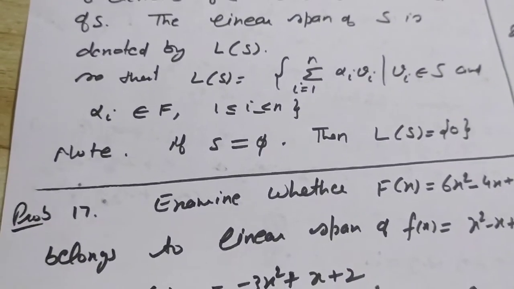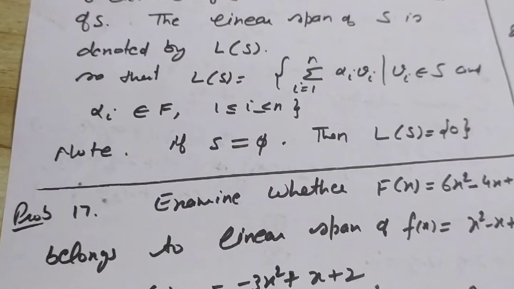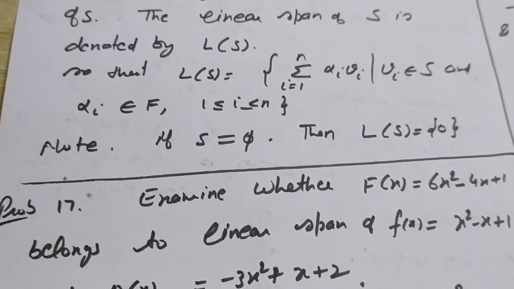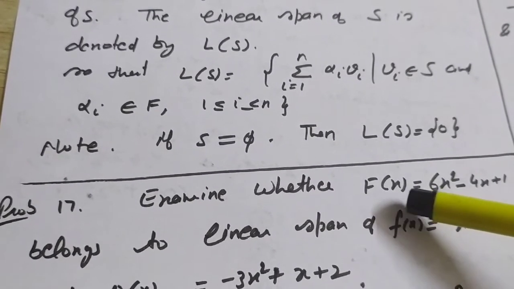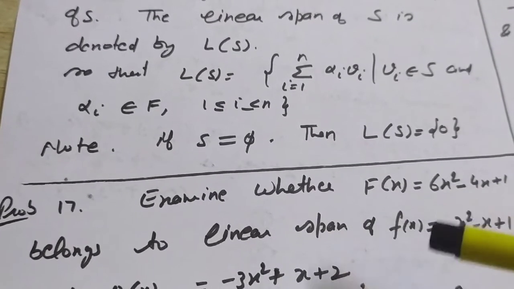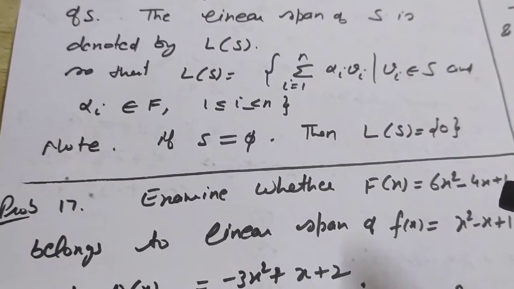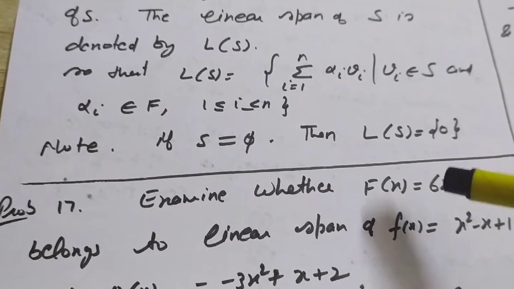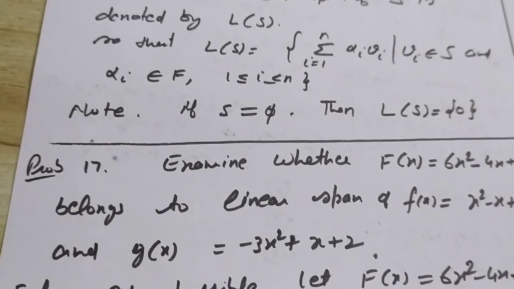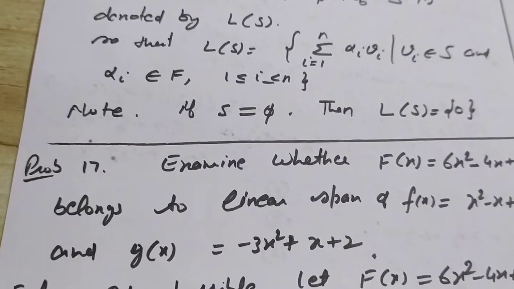Now I have taken one example to illustrate the above concept, that is the linear span. Today you will examine whether capital F(x), which is a polynomial, F(x) equal to 6x square minus 4x plus 1, belongs to the linear span of f(x) equal to x square minus x plus 1, and g(x) equal to minus 3x square plus x plus 2.